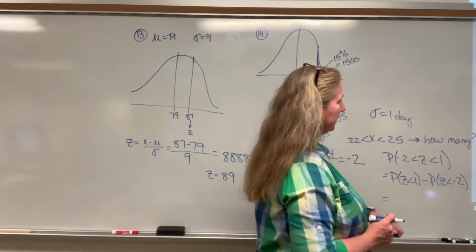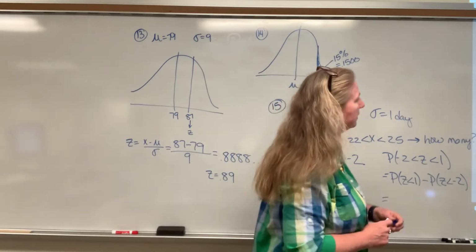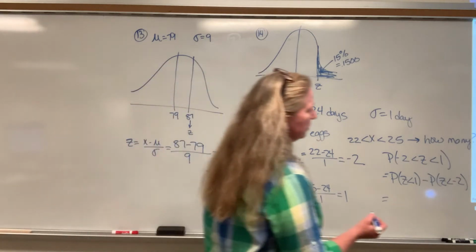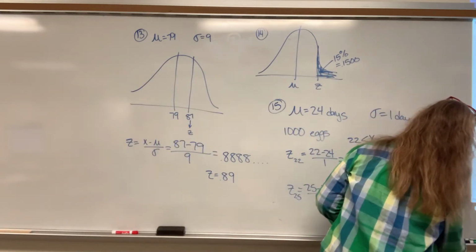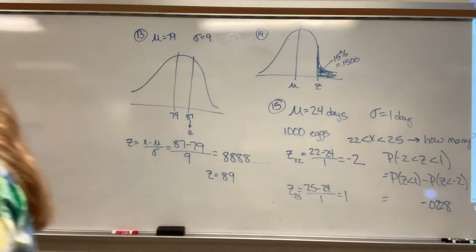I did not pull my chart up, and I didn't make a lot of notes. So let's open my fancy chart here, my z chart. The probability when z is less than negative 2 is 0.0228. Let me scroll down to positive 1.